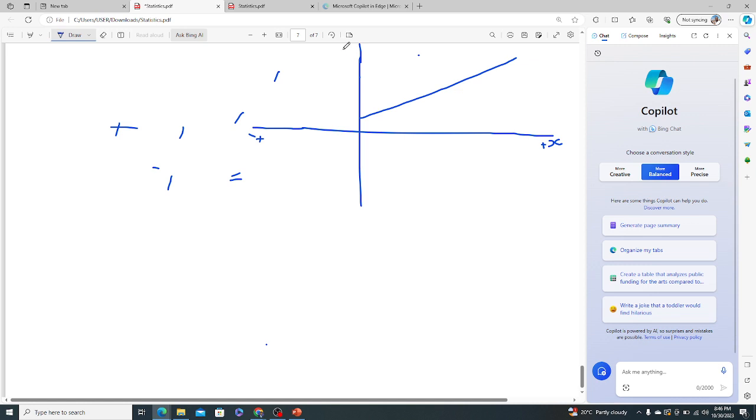We have y and we have negative y. So if we extrapolate this regression line, you can see it will cut the y-axis on the positive side.